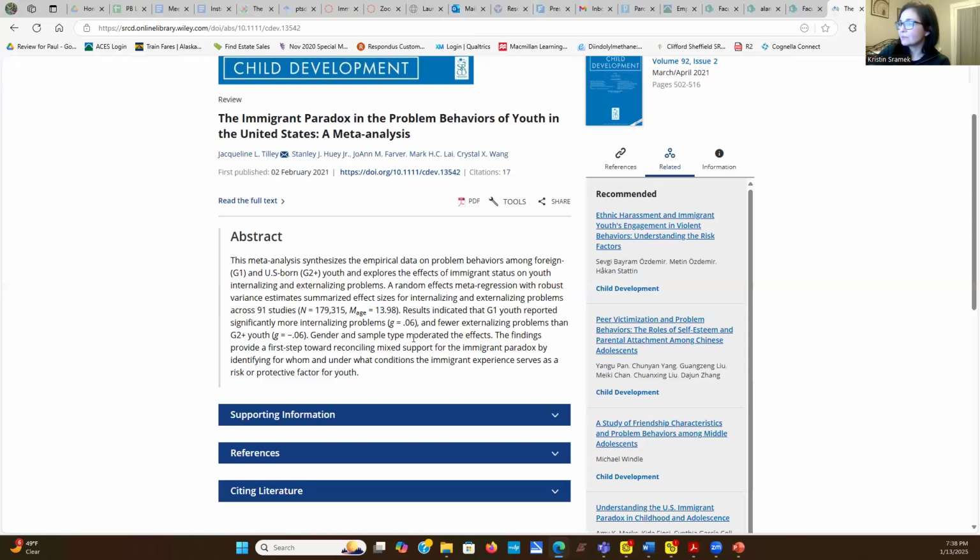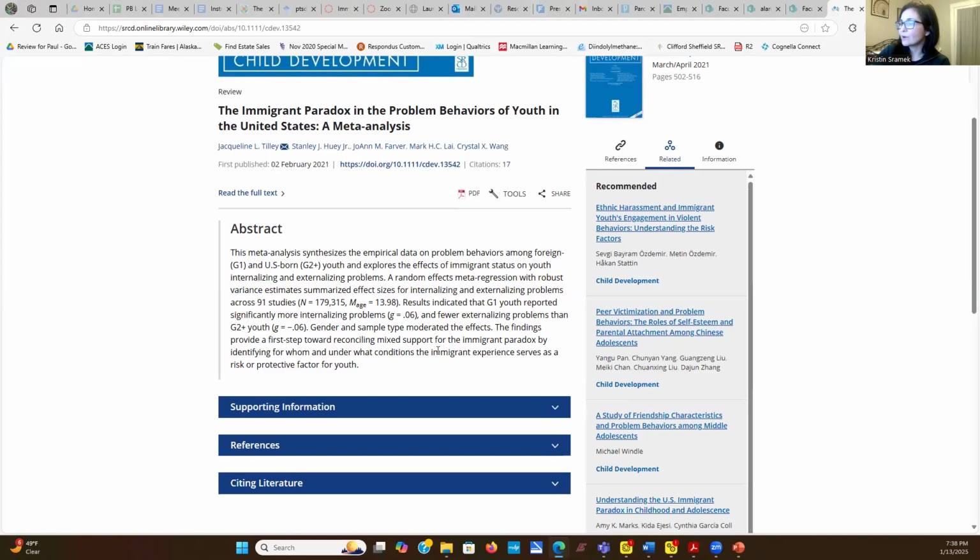Gender and sample type moderated the effects. The findings provided a first step toward reconciling mixed support for the immigrant paradox by identifying for whom and under what conditions. So good. This is additional complexity surrounding this issue.